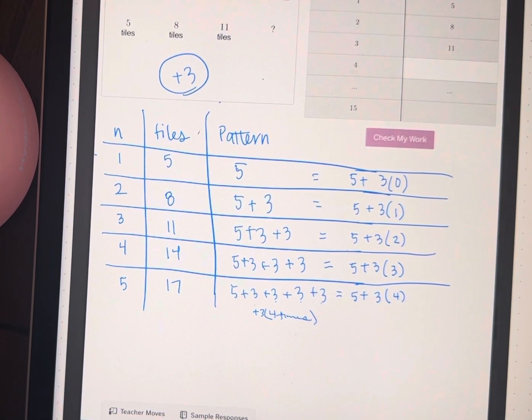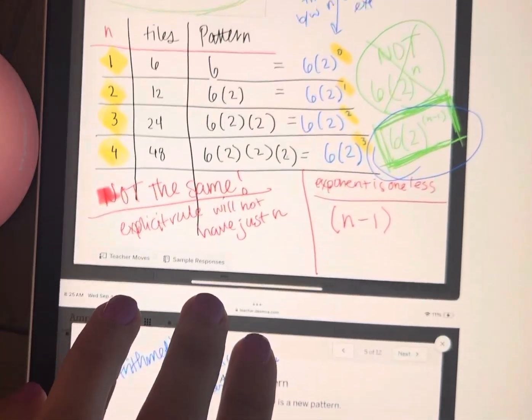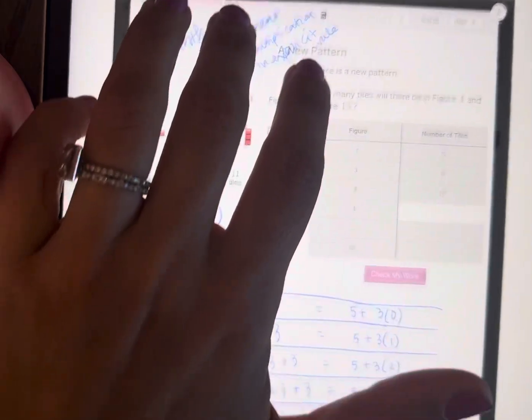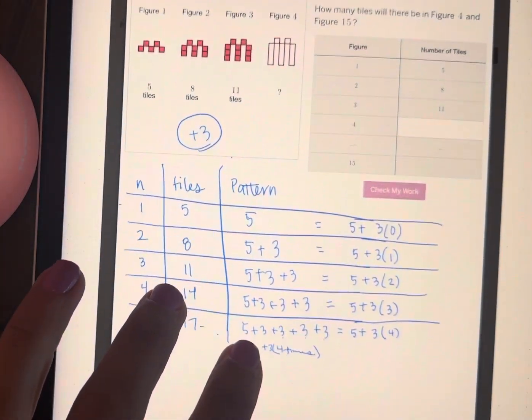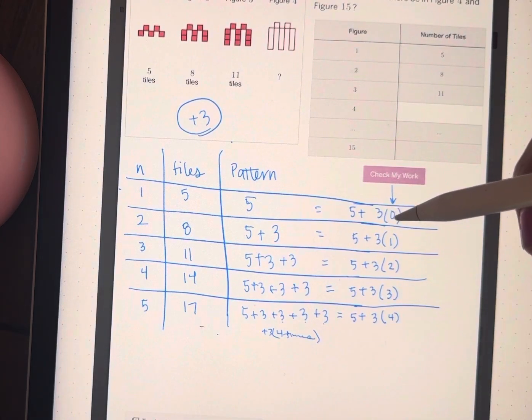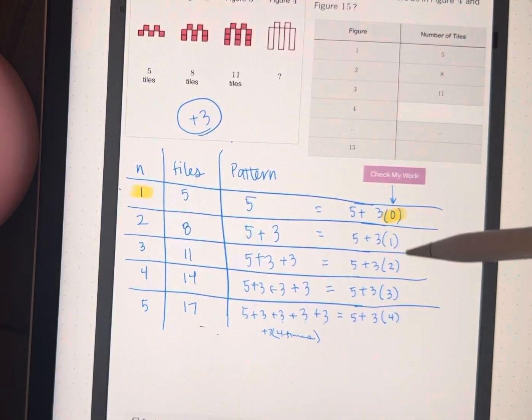So now that we've done this, remember before we said find the correlation, right? Find the correlation between n and the exponent. Well, now I want you to find the correlation between n and what you're multiplying over here. So let's go find this correlation. Over here, 0. Over here, it's 1. Over here, 1, but n is 2.